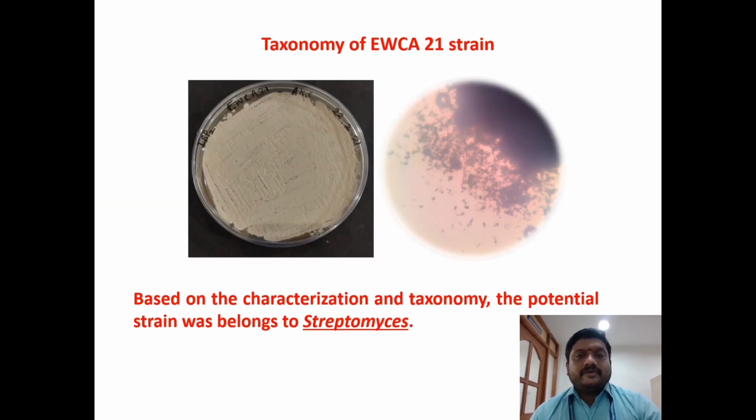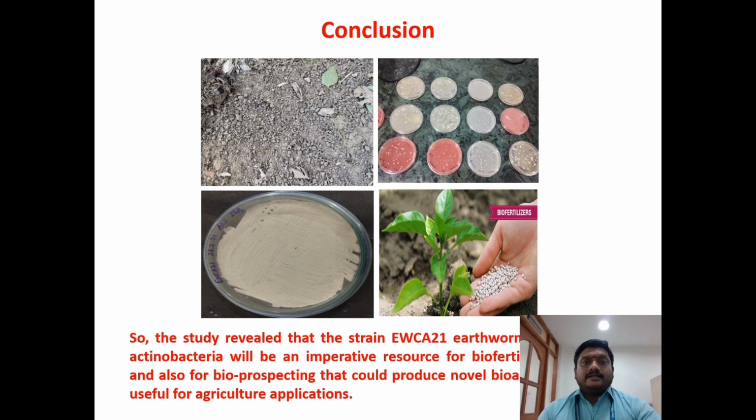This is the taxonomy of our EWCA21 strain based on characterization. You can see the microscopic appearance and the petri plate morphology. Based upon the characterization and taxonomy, the potential strain belongs to Streptomyces. And our conclusion: the study is basically a preliminary study.